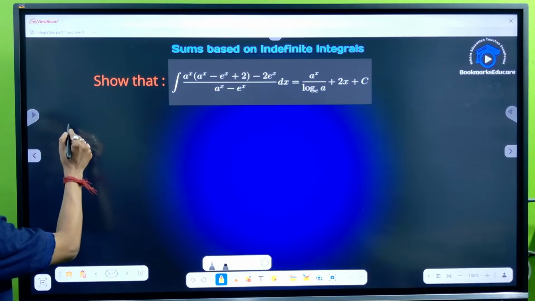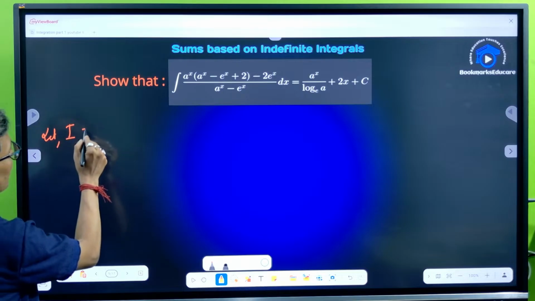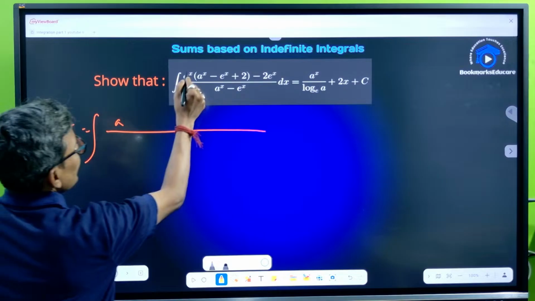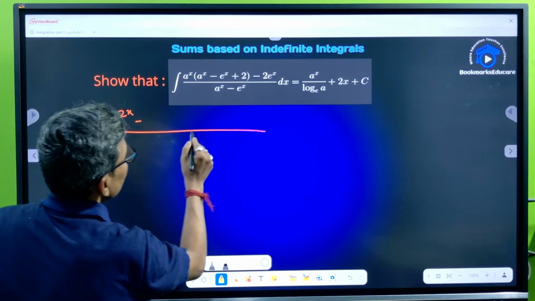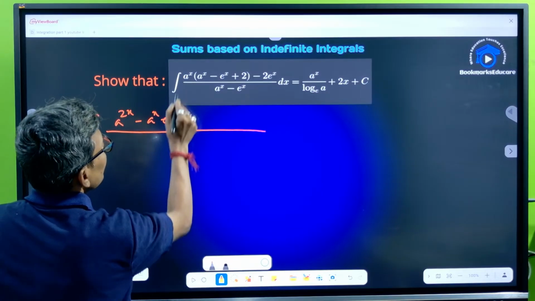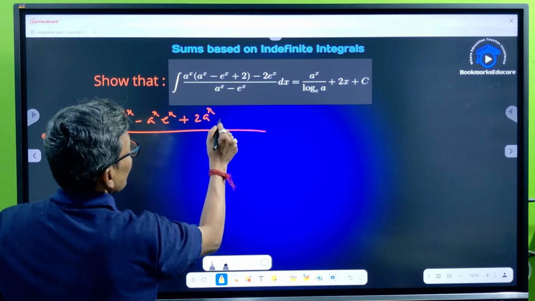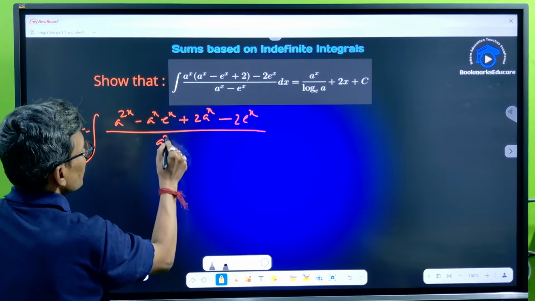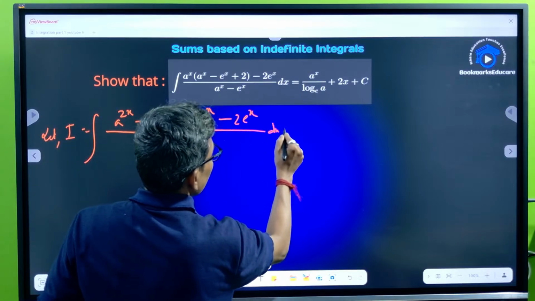Let I be equal to the integral of a to the power x into a to the power x, meaning a to the power 2x, minus a to the power x into e to the power x, plus 2 into a to the power x, minus 2 into e to the power x, divided by a to the power x minus e to the power x, dx.